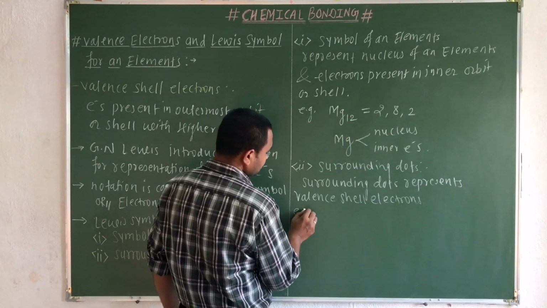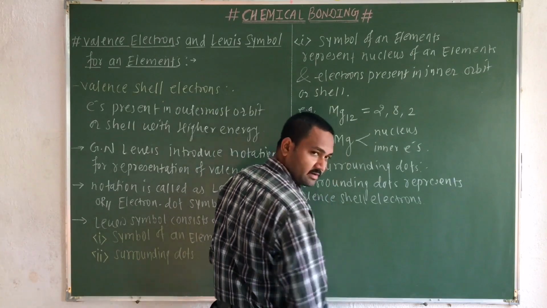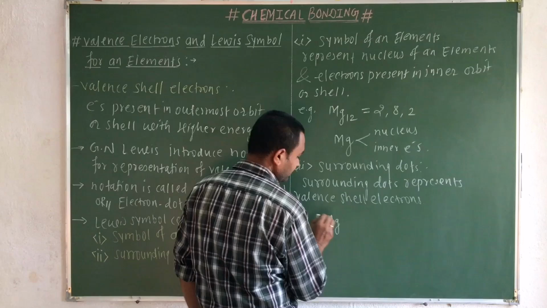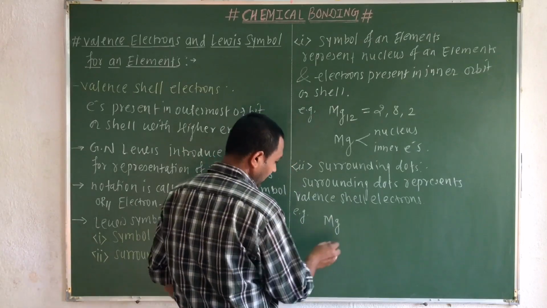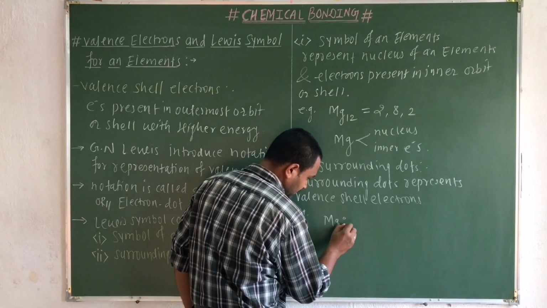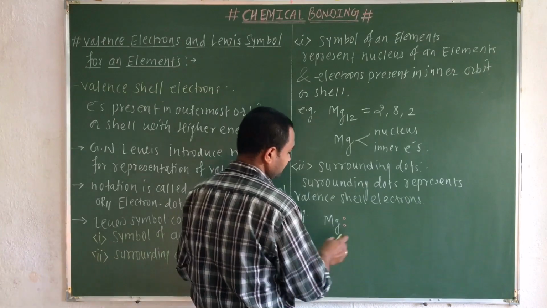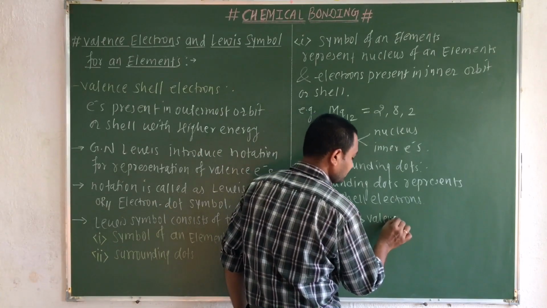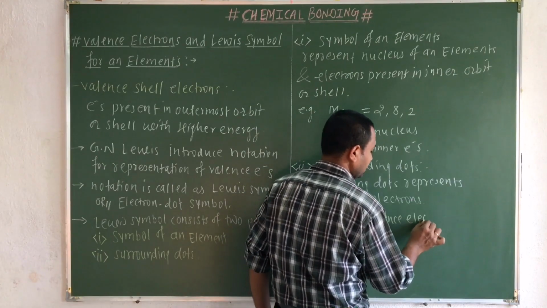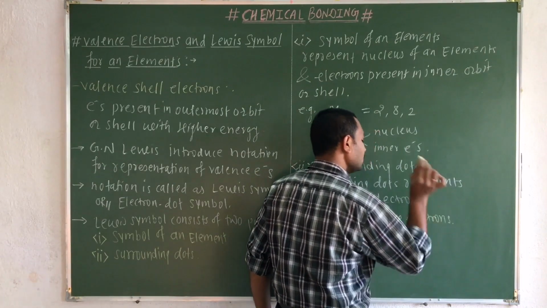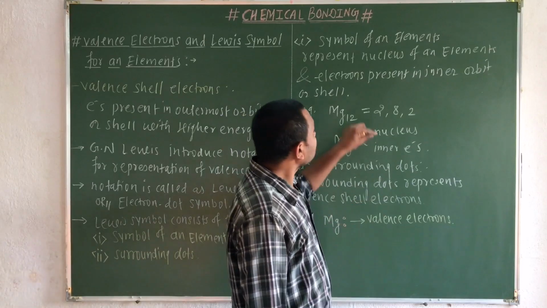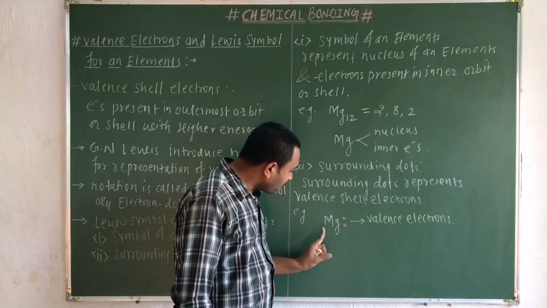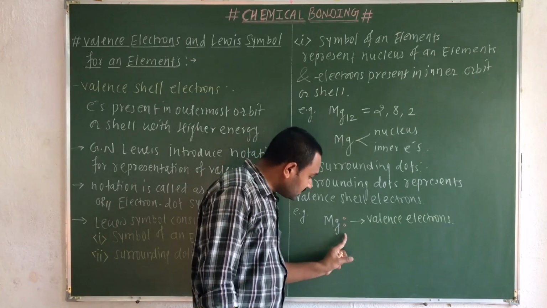For example, let us consider this particular magnesium. Here Mg is the symbol, and the 2 dots I have drawn here, these surrounding dots, are nothing but the valence electrons. So this is the simple representation of the Lewis symbol for the element Mg along with these 2 dots.